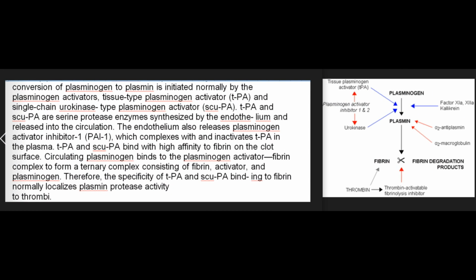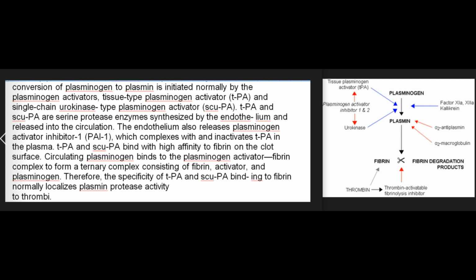The conversion of plasminogen to plasmin is initiated normally by the plasminogen activators, tissue-type plasminogen activator, tPA, and single-chain urokinase-type plasminogen activator, scuPA. tPA and scuPA are serine protease enzymes synthesized by the endothelium and released into the circulation.